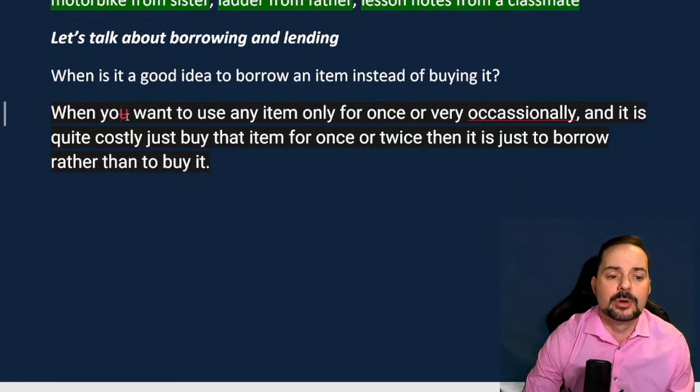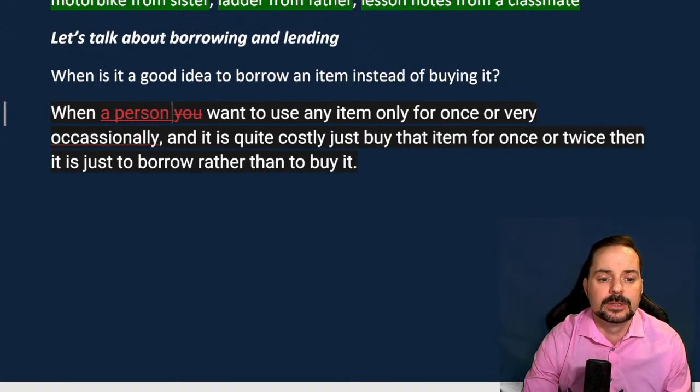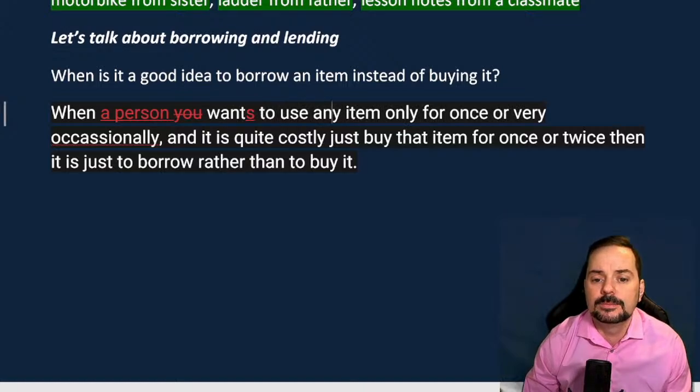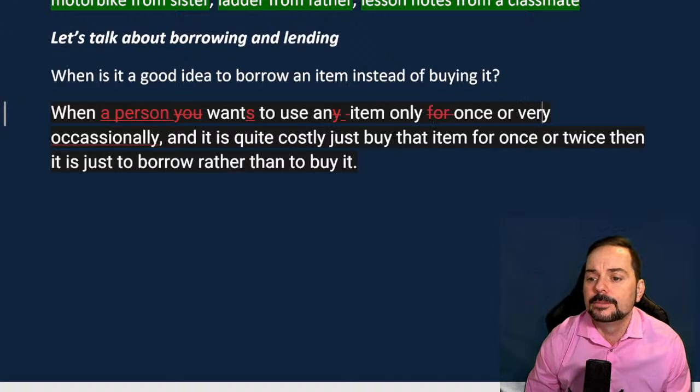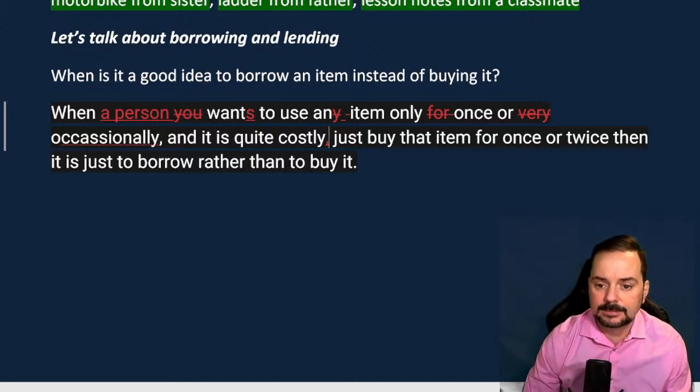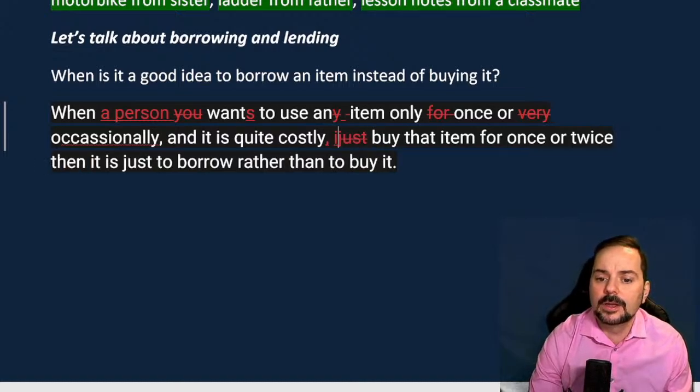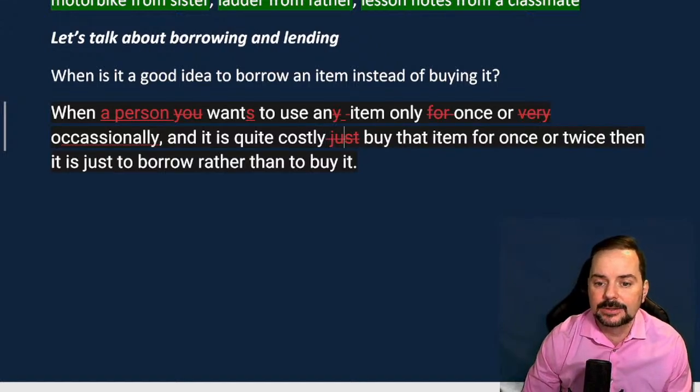So when a person, don't use you, when a person wants to use not any item, just an item only once or occasionally, and it is quite costly, costly to buy.